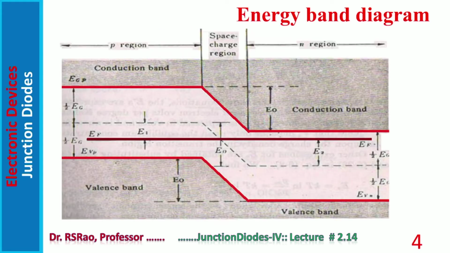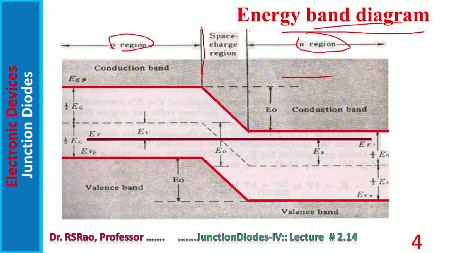Now we consider the energy band diagram of a diode. P region on the left side, N region on the right side, and in between the junction region. EG stands for band gap energy, the forbidden band gap energy. ECP is there. Sorry, it is ECP, not EGP.